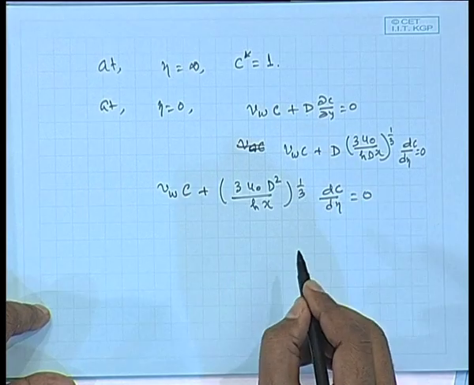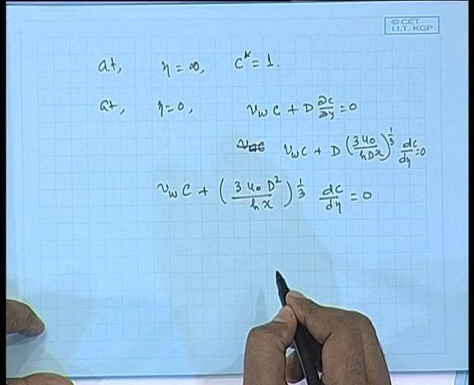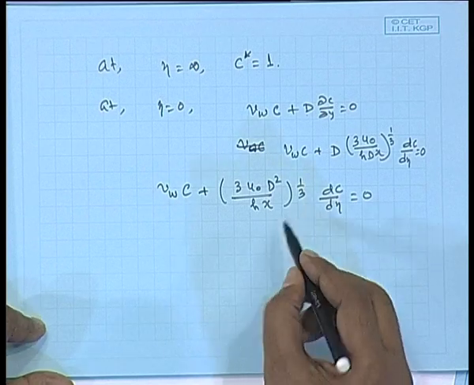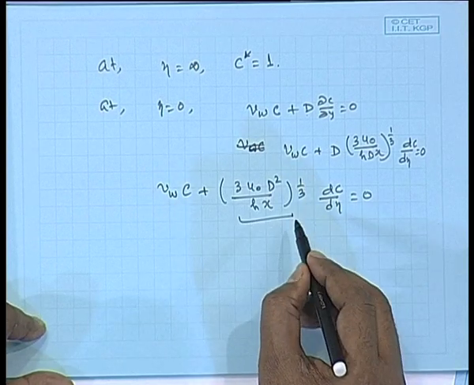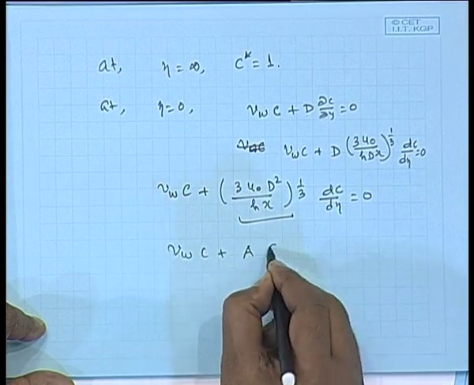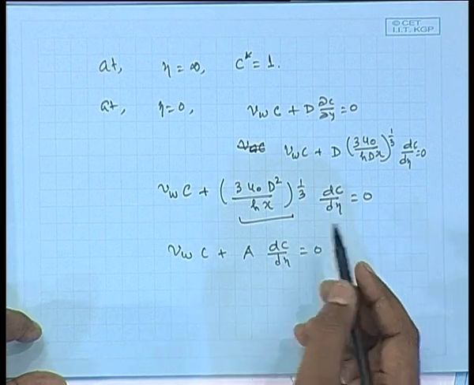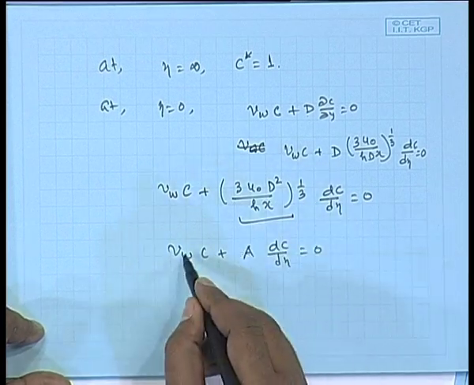That's what I'm saying. We can manipulate this and write AC plus DC by dt. Exactly, that I am going to write it. This was nothing but A. So, VWC plus A dc d eta is equal to 0. No, AC, right. VW by that thing, right.